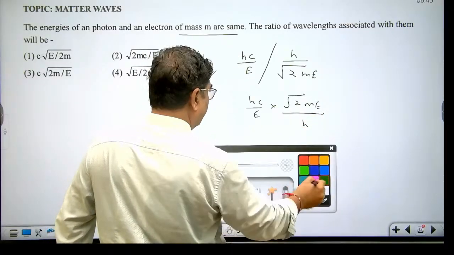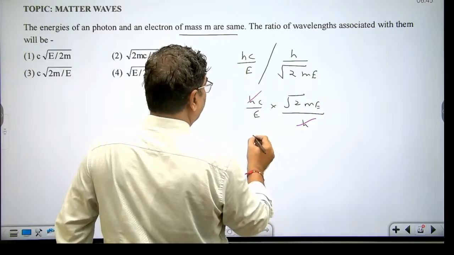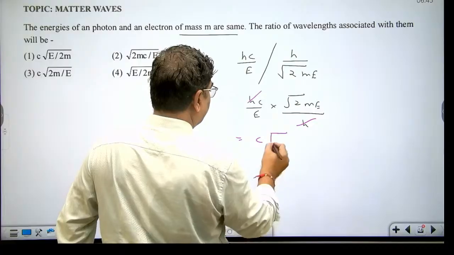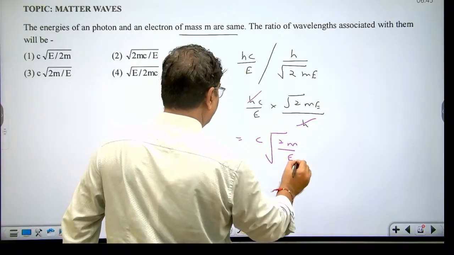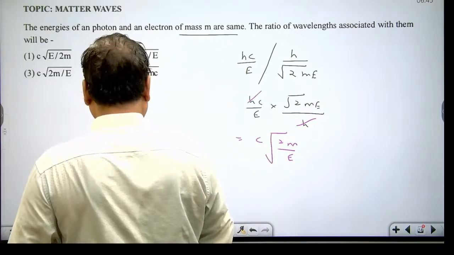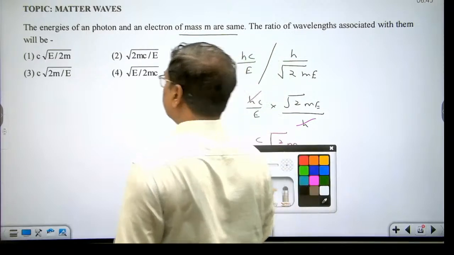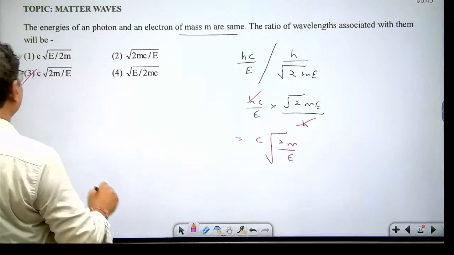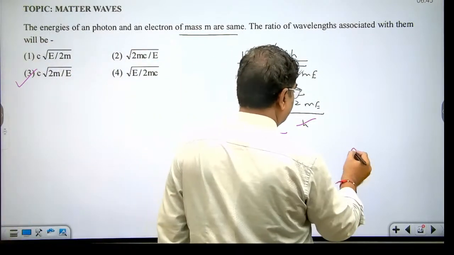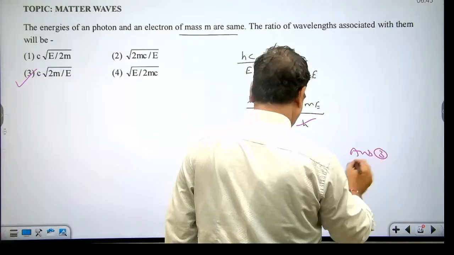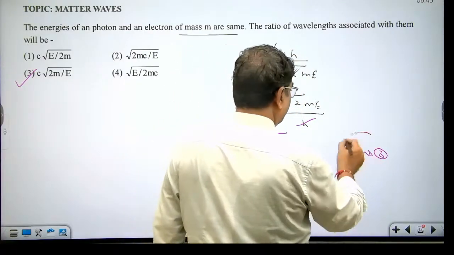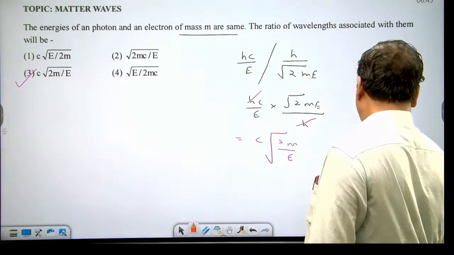So h will get cancelled. So this will be c under root 2m upon E. Out of 4 choices, the correct choice is option 3.